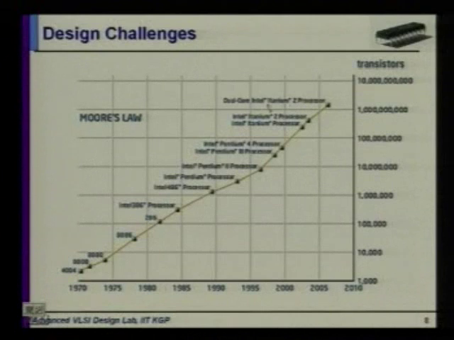At the top you have the Intel dual core Itanium 2 processor, then the Itanium 2, and here you have the Pentium 4. As you can see, the growth has continued unabated for so many years. What has that resulted in? The transistor geometry has shrunk to such an extent that we are beginning to see quantum effects.